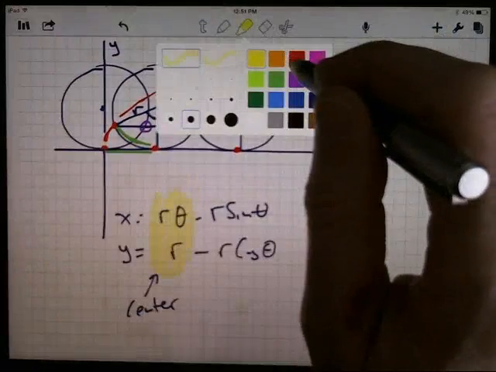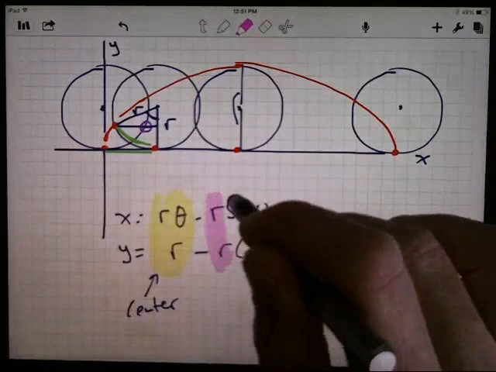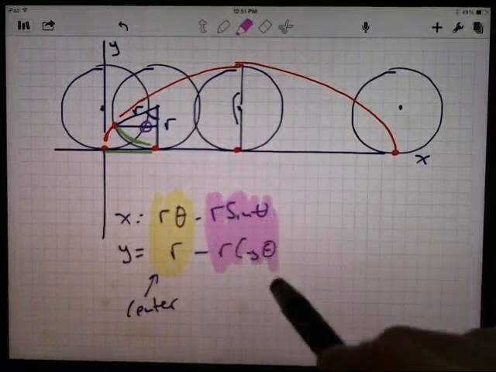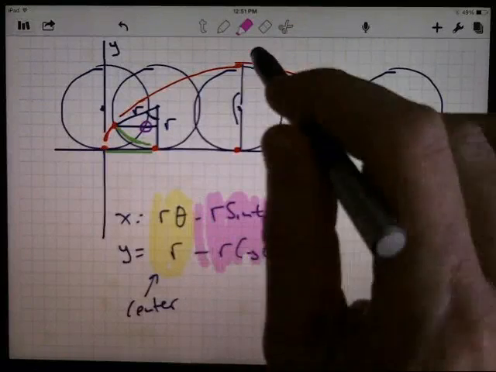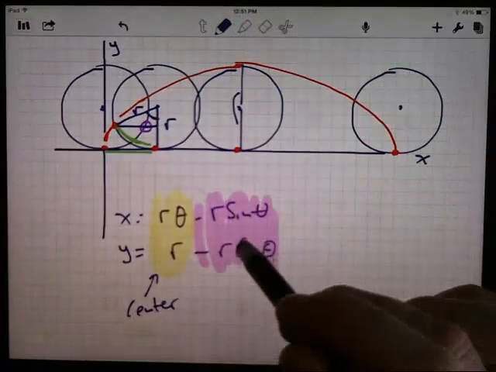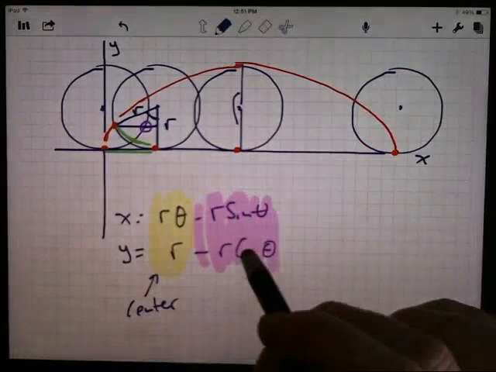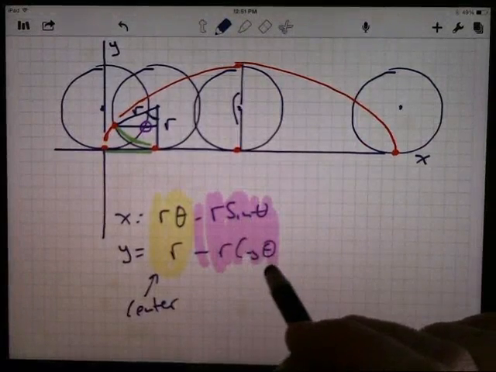There's also this stuff over here, with the minus signs, which is describing circular motion, because it has a sine and a cosine working together.